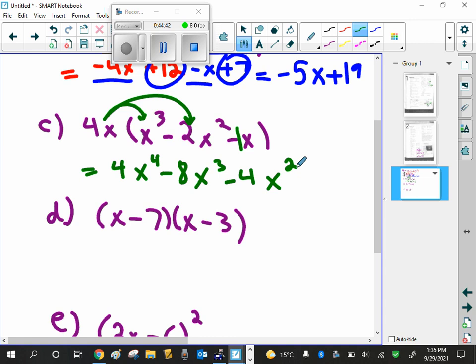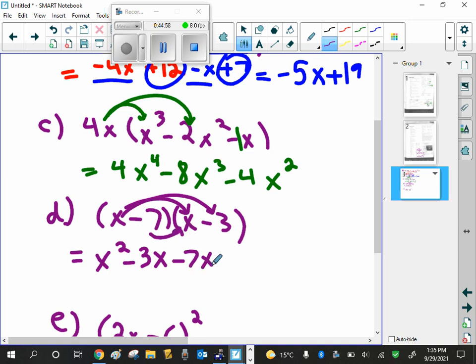Next. We got a FOIL question. This is a grade 10 question. So x times x is x squared. x times negative 3, put the number up front, leave the x. Same thing here, negative 7x means negative 7 times x. And now we're doing negative 7 times negative 3, which is 3 touchdowns for the Jets.